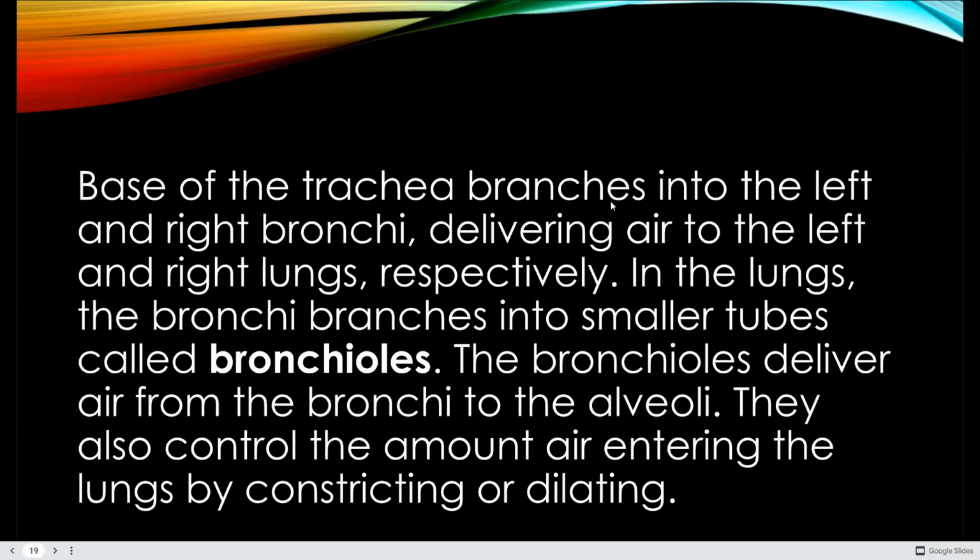The bronchioles deliver air from the bronchi to alveoli. They also control the amount of air entering the lungs by constricting or dilating. So this is how we control air in our lungs. That's how we inhale and exhale.